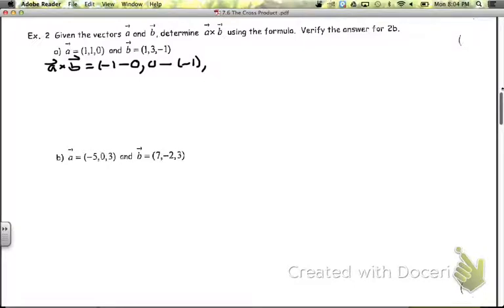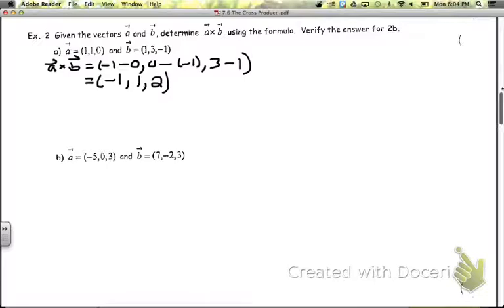Then we have A1, so 1, times B2, so 3, minus A2, which is 1, times B1, which is 1, so minus 1. We can collect those, and what we get is negative 1, 1, 2.